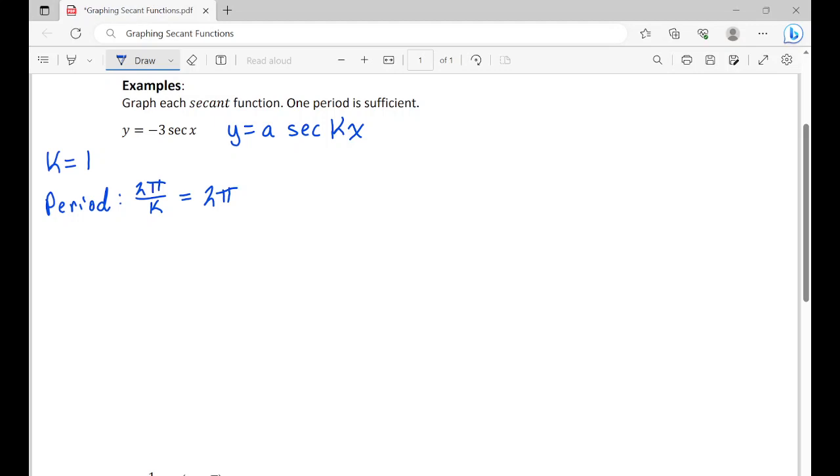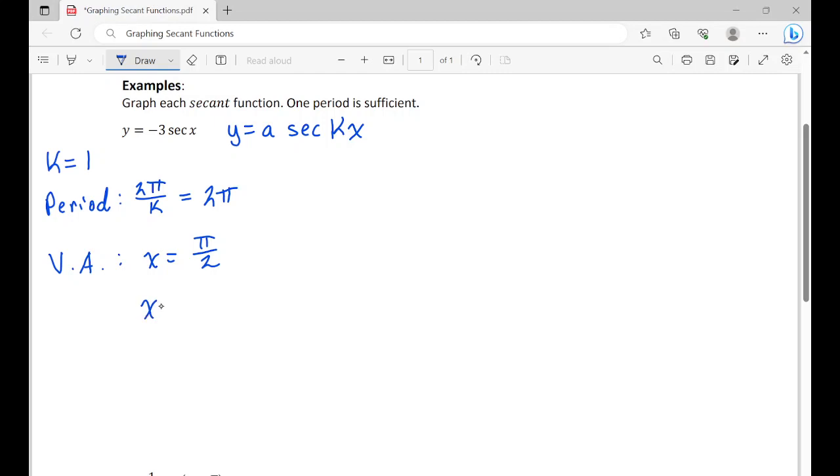So normally a secant function that hasn't been shifted left or right will have a vertical asymptote at x equals pi over 2. And this one will have that vertical asymptote as well. But since we have a period of 2 pi, we're going to go from this vertical asymptote up 1 pi and down 1 pi to get the other two asymptotes.